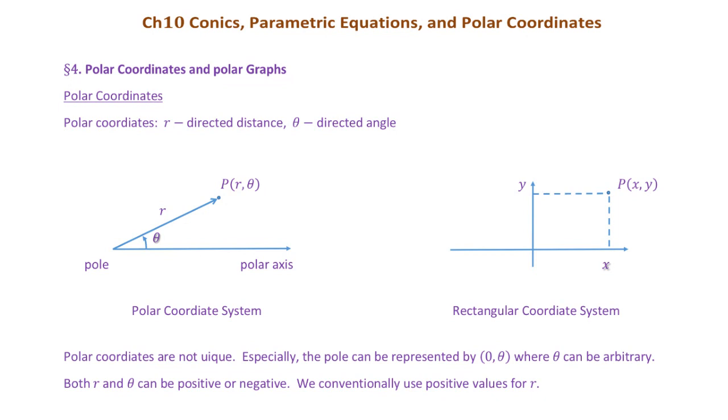So it's not just distance; it has some direction. And the other variable we use is theta. We call it the polar angle, and the polar angle theta has some direction also, so it's called the directed angle.